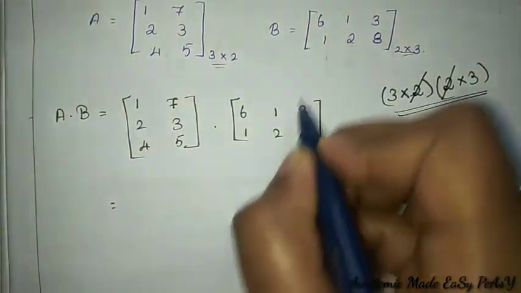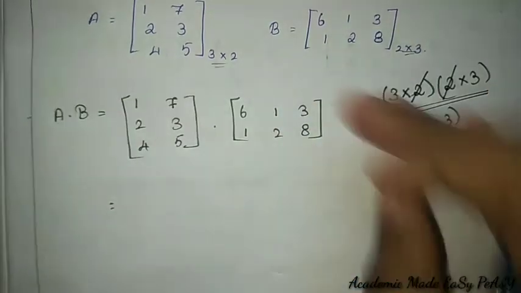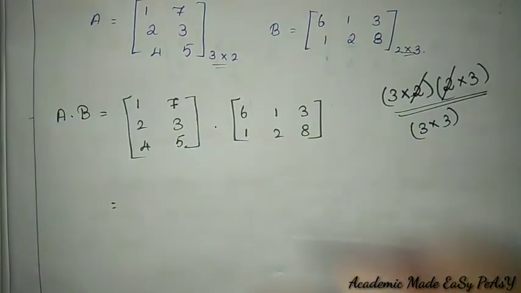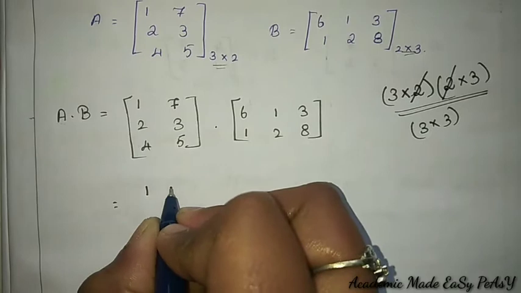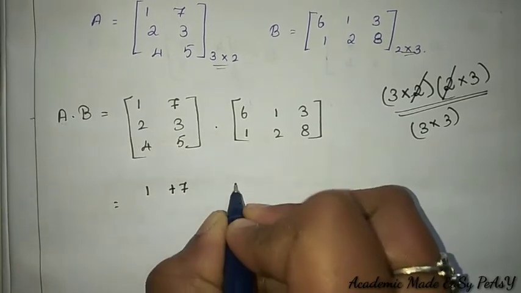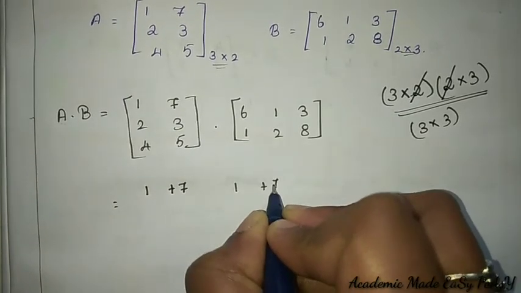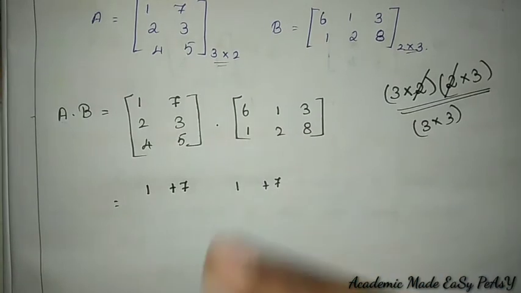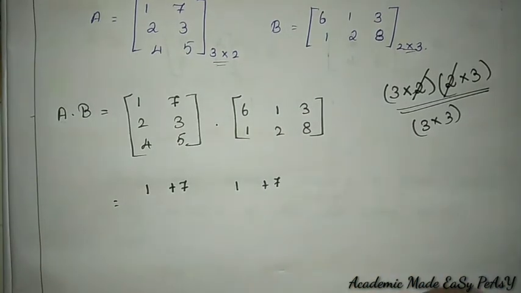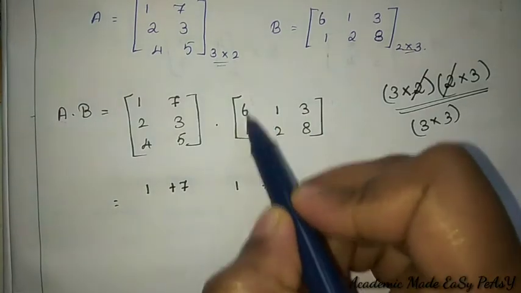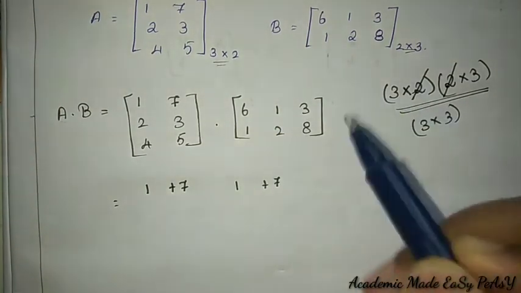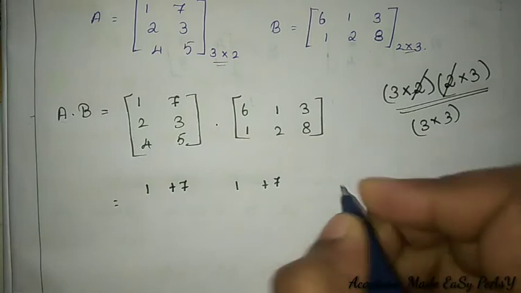If I have 4 columns, I have to write 4 times. We did it only twice for the previous example. This time we will be doing it 3 times, because I have 3 columns over here. I have to check how many columns I have.